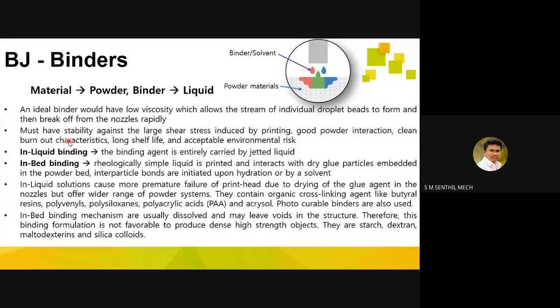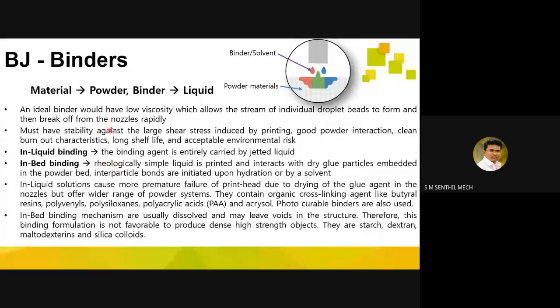So it has to have clean burnout characteristics, long shelf life, and acceptable environmental risk. Mostly binders will be polymers, so there is a question of whether it is eco-friendly or not. Mostly organic binders are recommended so that they have biocompatibility.